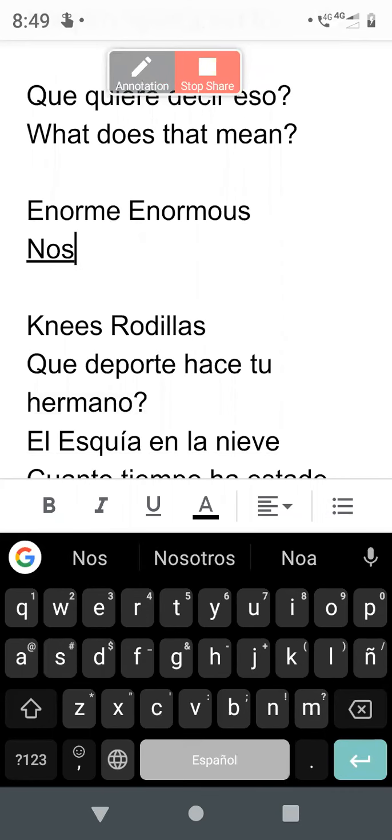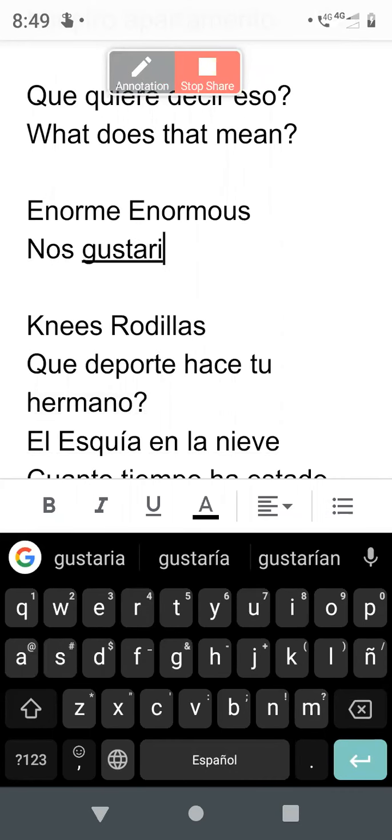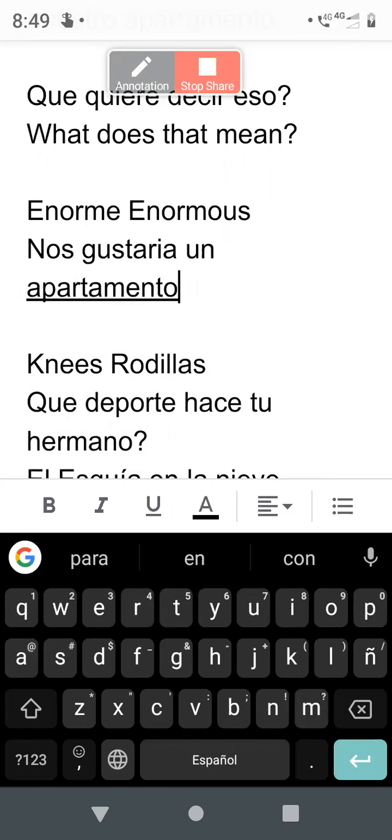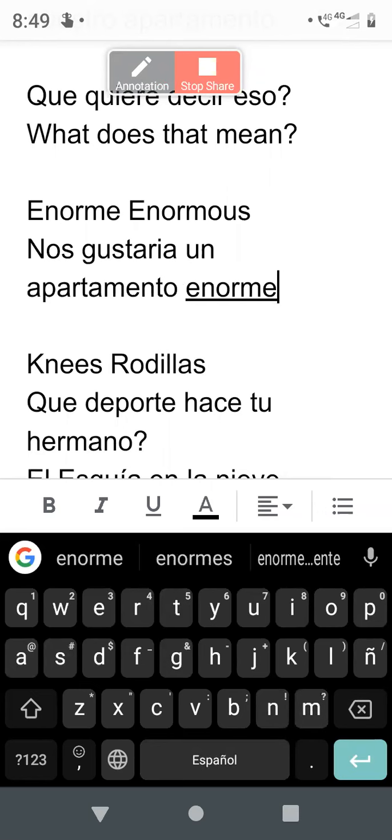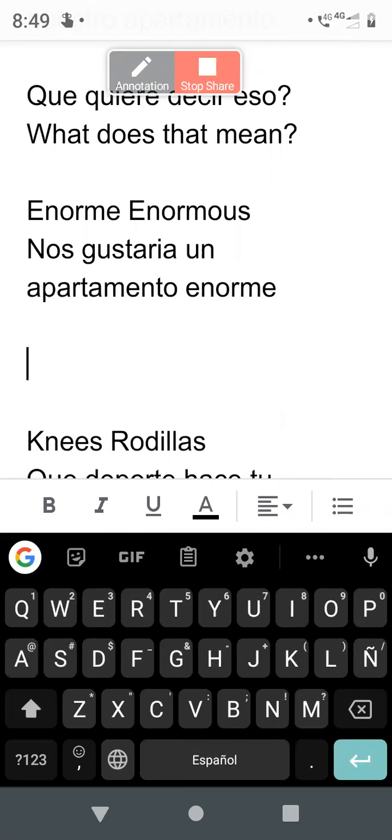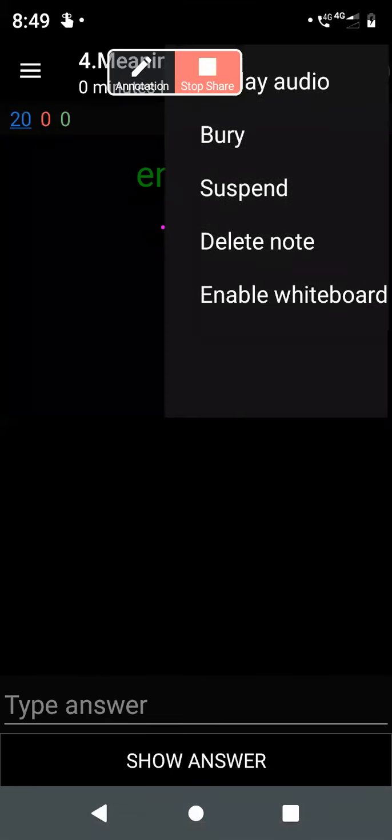Nos gustaría un apartamento enorme. So go ahead, pronunciation. Nos gustaría un apartamento enorme. Nos gustaría un apartamento enorme. Sí, good. La que sigue.